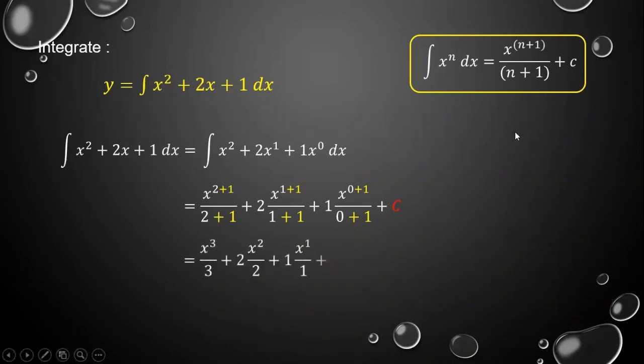It will be x cubed divided by 3 plus 2x squared over 2 plus 1x to the power of 1 over 1 plus c. We can simplify this one again, cancel, cancel. And finally, we got x cubed over 3 plus x squared plus x plus constant. It's very easy, right?